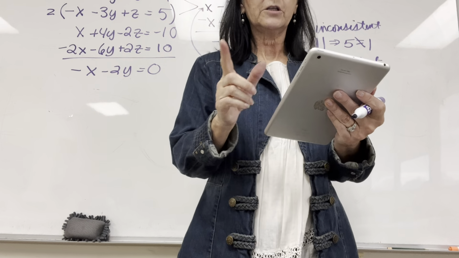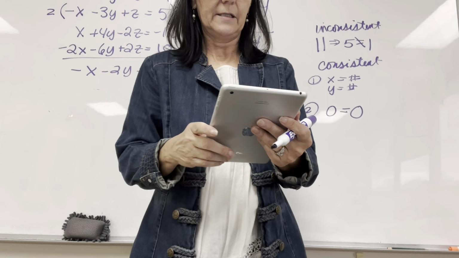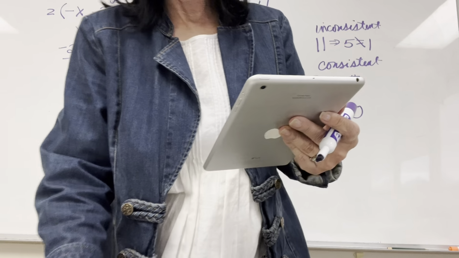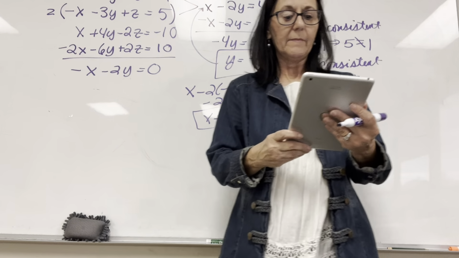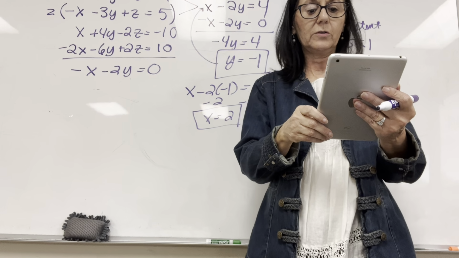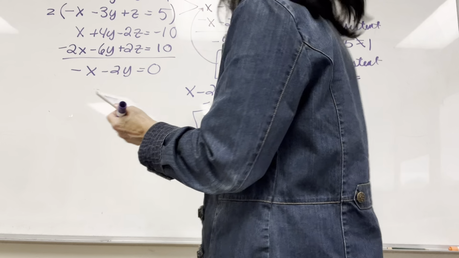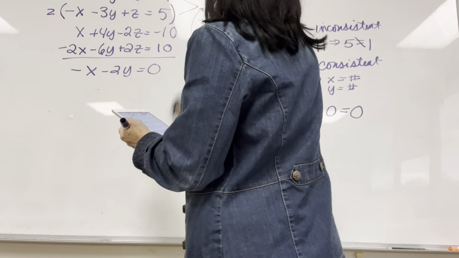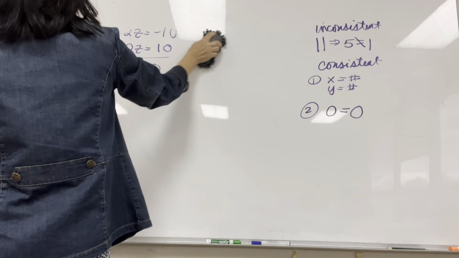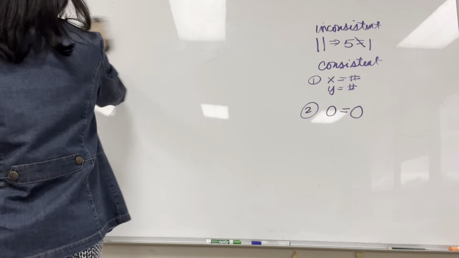All right, let's just look at the application. We're not going to work these. Number 8. So a ball game is attended by 575 people, and total ticket sales are $2,575. What type of people attend the game?